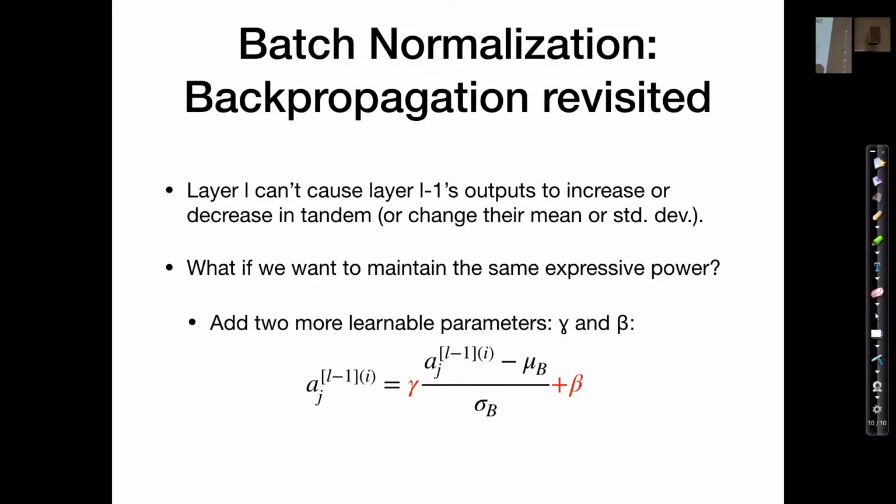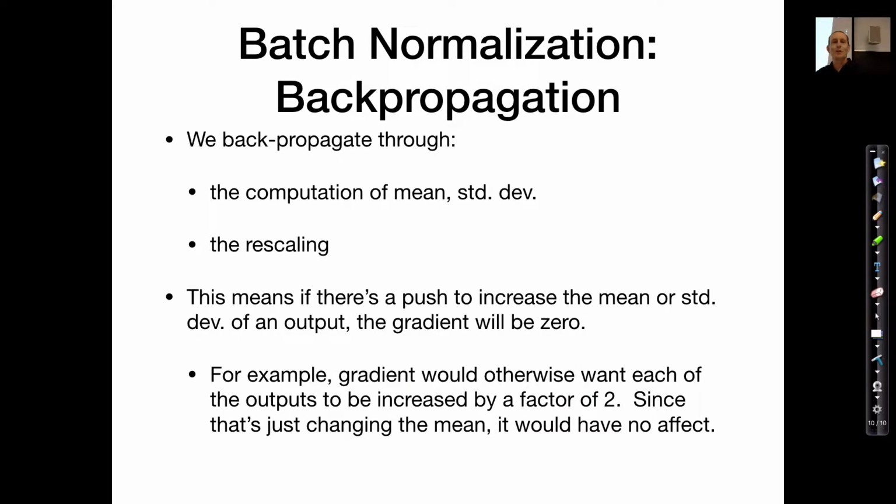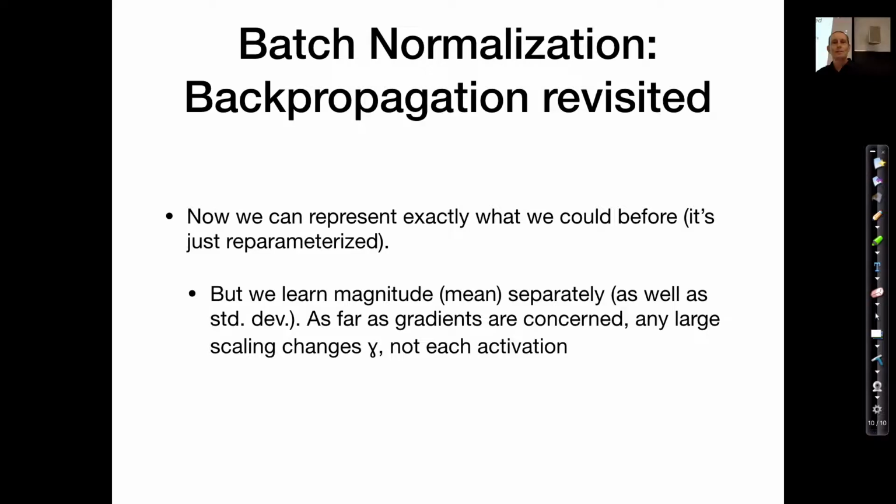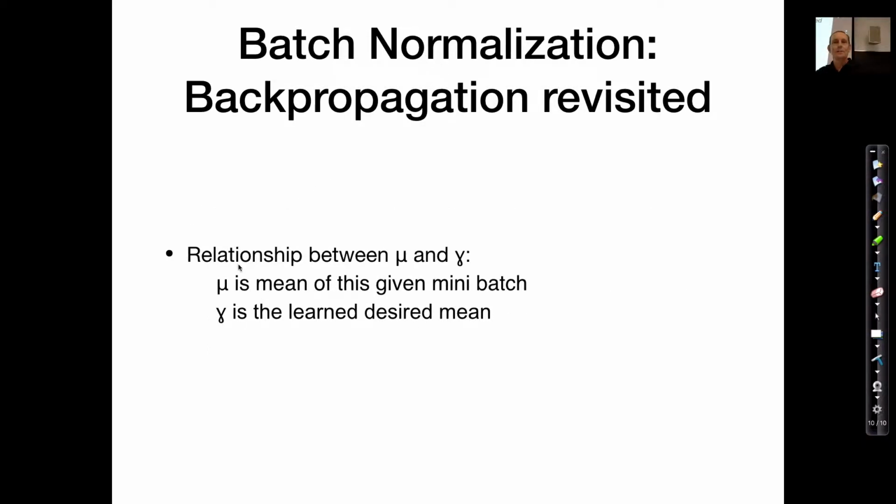It said on the previous slide that the gamma was the learned desired mean. That is a mistake, because beta is the mean. So beta, and then we have the relationship between sigma and gamma.